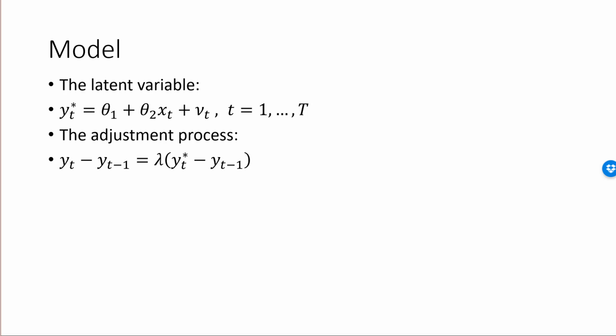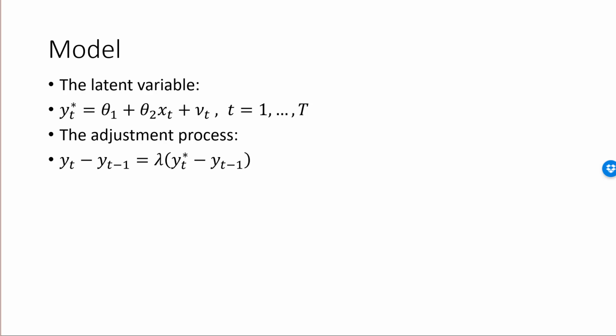And the assumption is that this increase, the actual increase in yt, will be a proportion of the increase that would happen if we had no inertia in the system. Remember, yt star was the value that yt would take in the absence of inertia. So yt star minus yt minus 1 is the increase in yt due to changes in xt and due to the error term that we would observe in the absence of inertia.